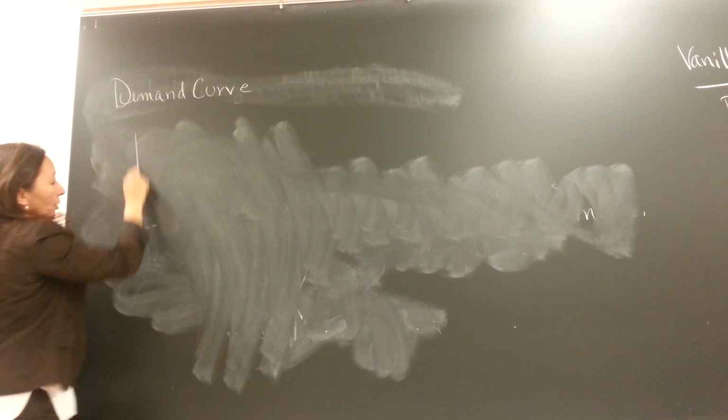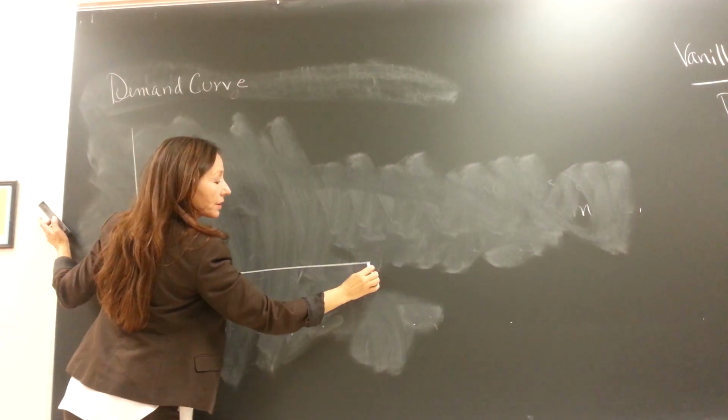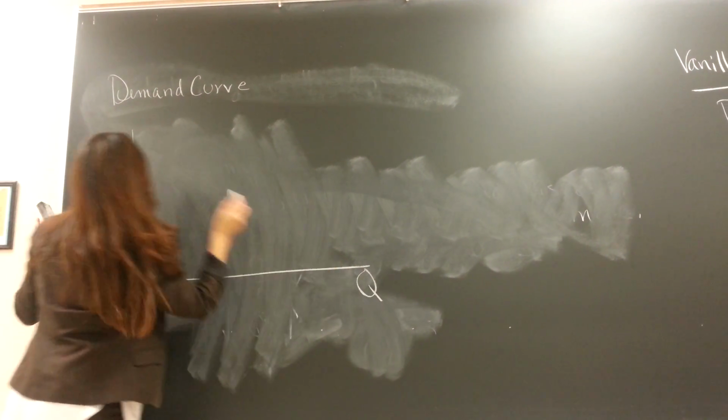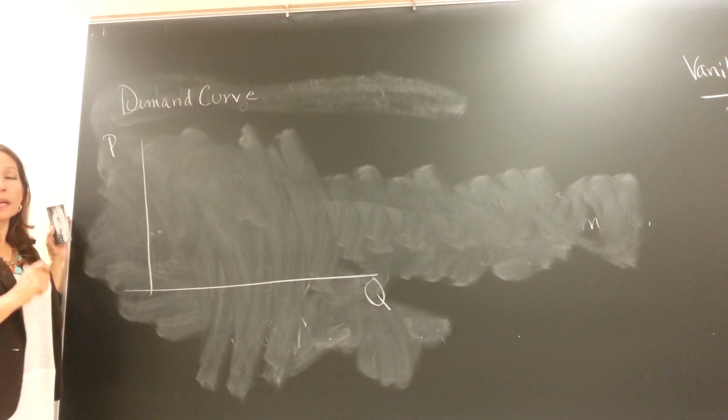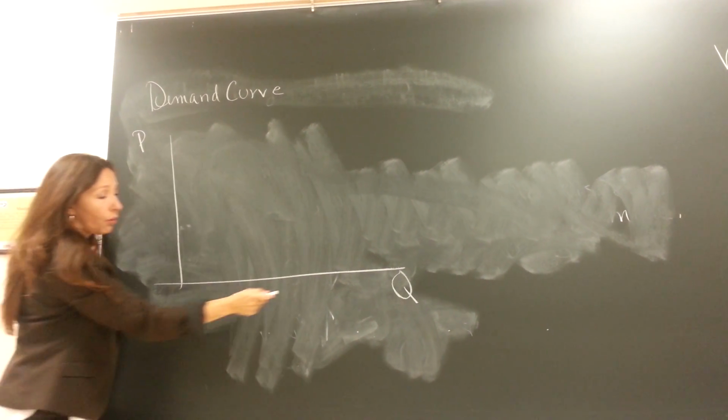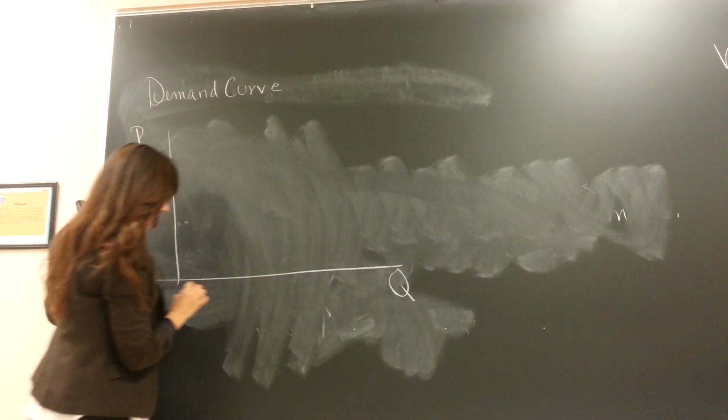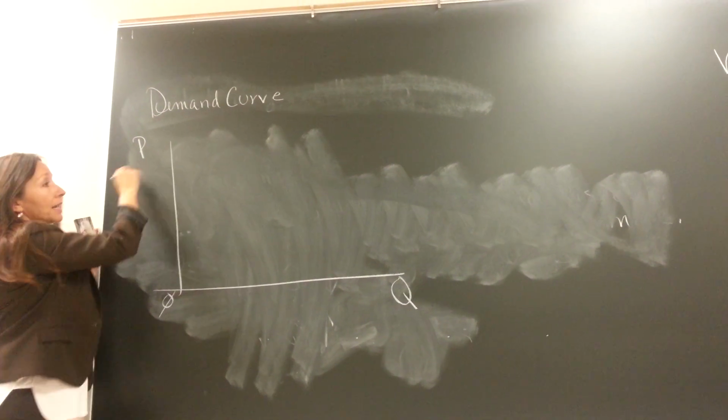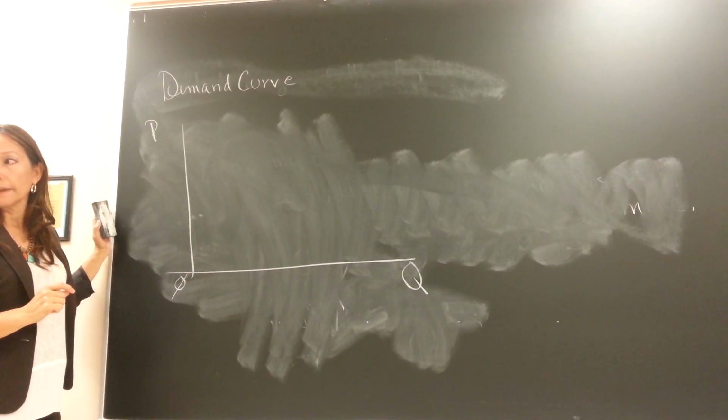So the demand curve is the graphical representation of the demand schedule. And when we draw the demand curve, this is kind of important, the quantity always goes on the x-axis and the price on the y-axis.